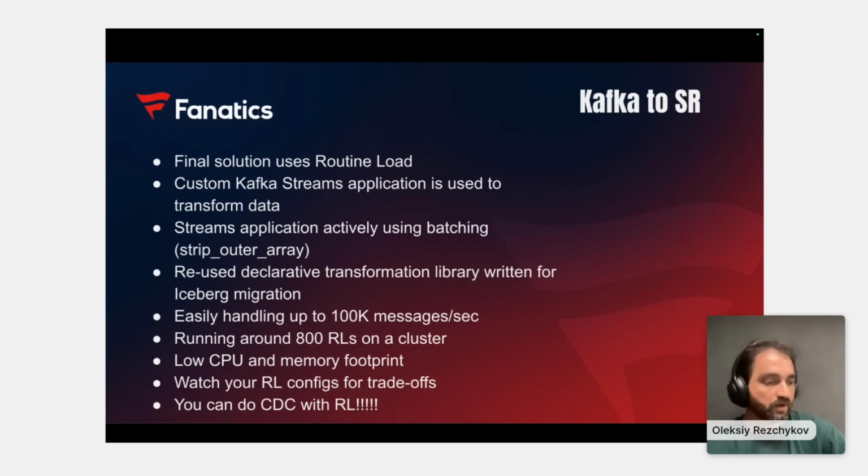We also noticed that we can drastically improve performance of the ingestion, reducing the compute used, by batching. It says batching on the screen, but it's more like we were combining events into a JSON array within the messages that we put into these routine load topics.